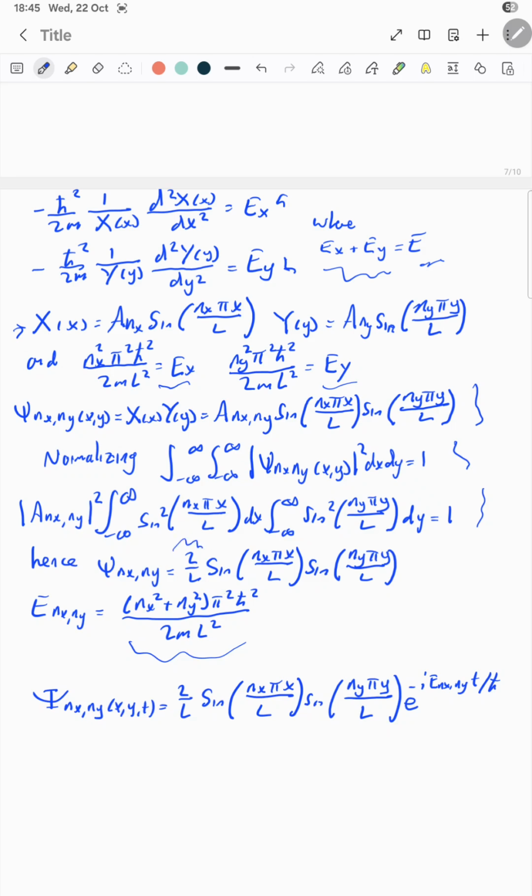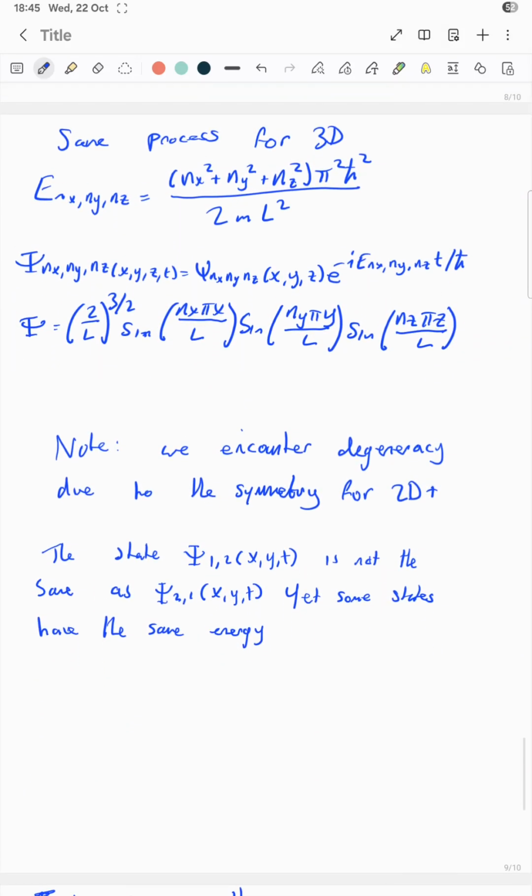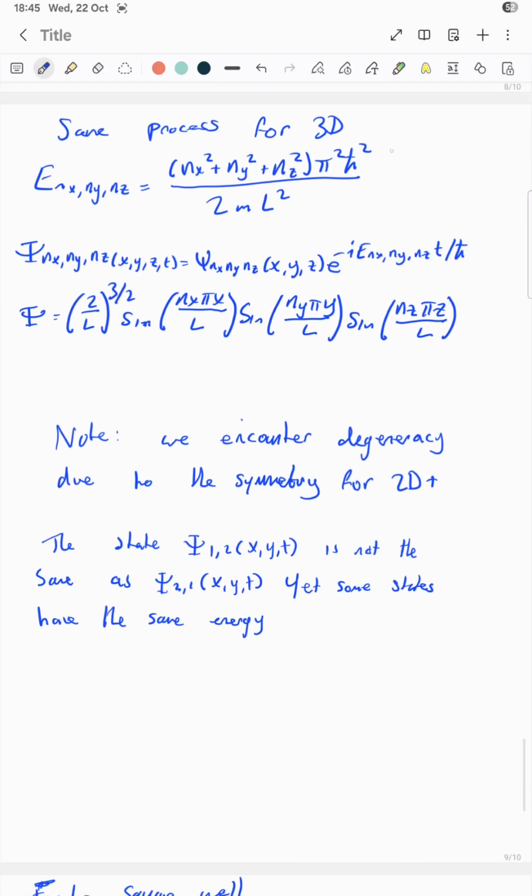We get our normalization constant, which is 2 over L in this case, and then our full Schrodinger equation here given with the time component is what we get for these in the x, y dimensions plus t. Now we can use the same process for 3D, which is just n x squared plus n y squared plus n z squared for energy, and the additional sine of z, and then this is going to be to the 3 halves, which is really straightforward, to keep adding dimensions to these.